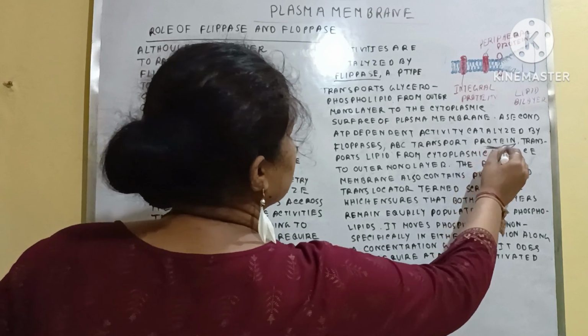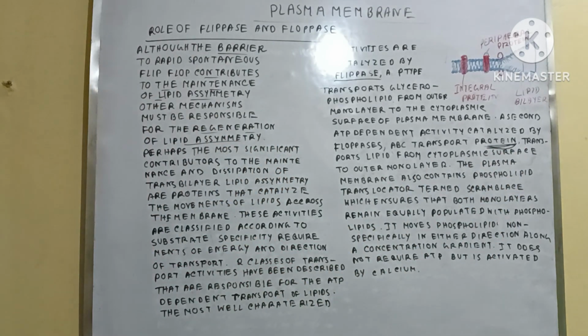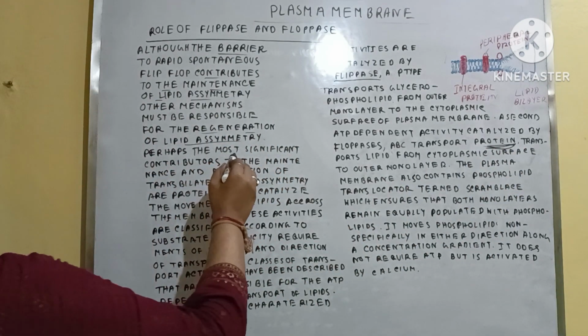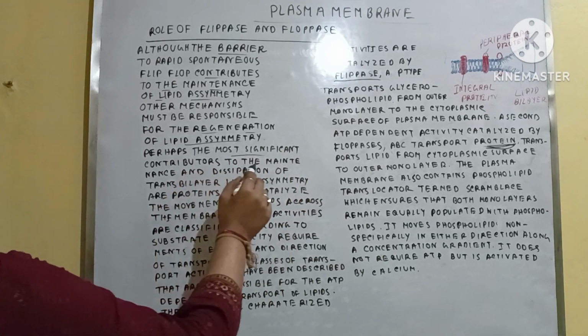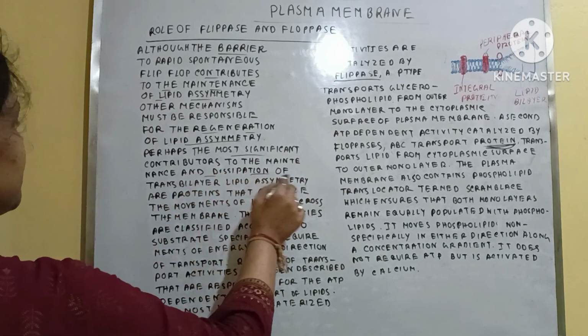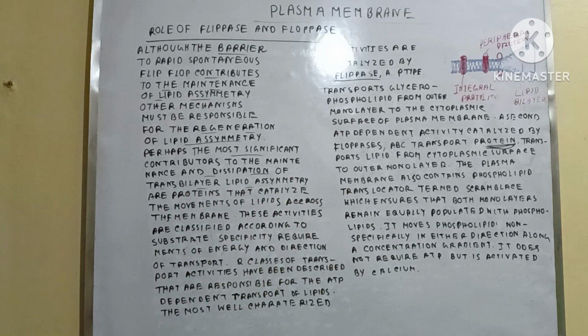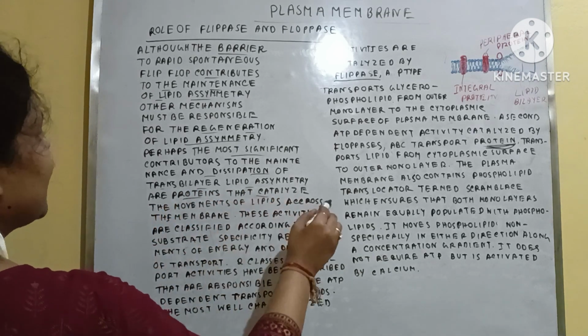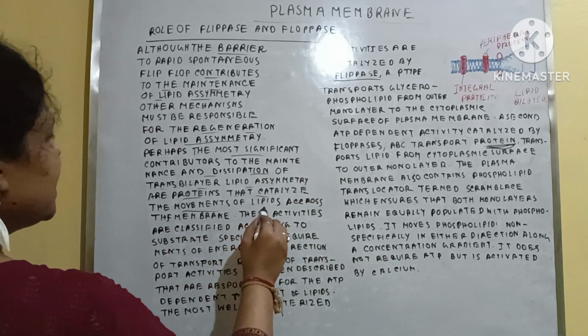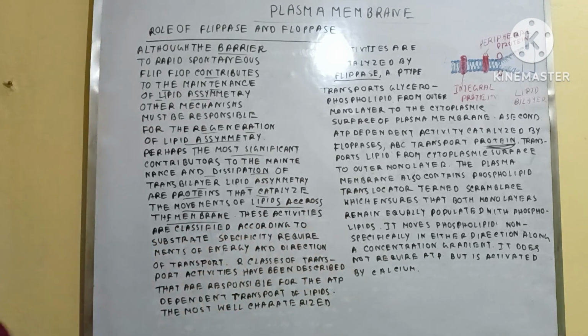Perhaps the most significant contributors to the maintenance and the dissipation of the transbilayer lipid asymmetry are the proteins that catalyze the movement of lipids across the membrane. So there are some proteins that help in the asymmetry of the lipid molecules throughout the membrane.